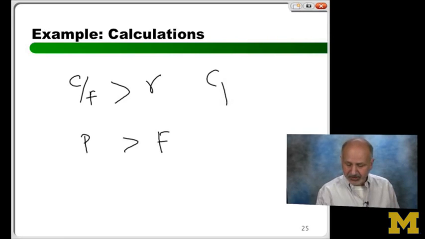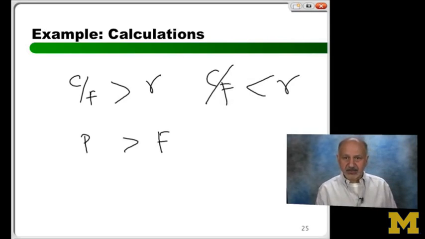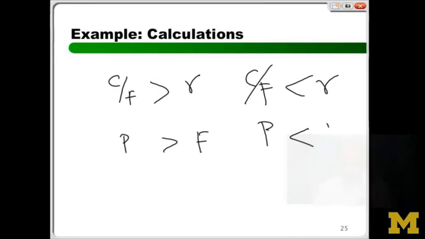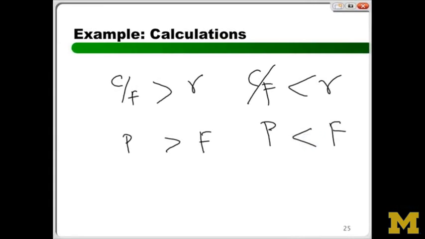If coupon rate is less than R at a specific time, the price will be less than face value. And if coupon rate is equal to R, price will be equal to face value. So this is what you should find, and just mess around with this because it will help you.